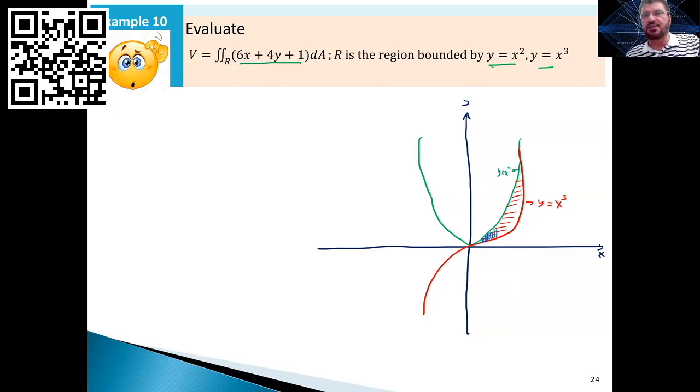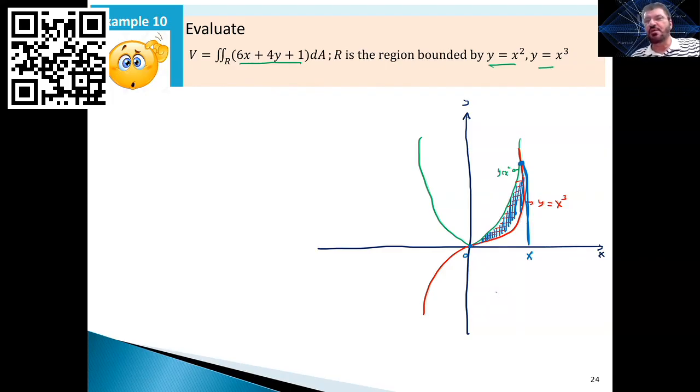The vertical line is going to start from here, which is 0. The final stop is here, the intersection between those two. What is this point on the x-axis? So the line is going to start from 0, continue till it stops there. What is this intersection point?